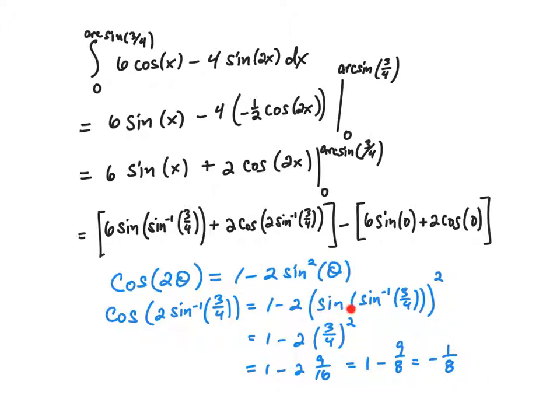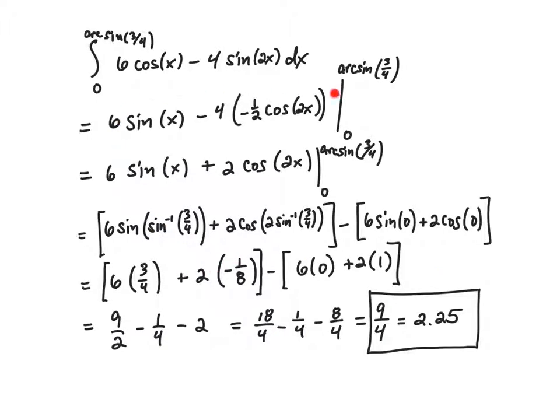It's because the sine of the inverse sine of 3/4 will just give me a 3/4. And then this sine is being squared. And so then 1 minus 2 times 3/4 squared, which is 9/16. So that's 1 minus 9/8. And then that's 8 over 8 minus 9 over 8, which is minus 1/8. So whenever I see this cosine of 2 arcsine, I'm just going to stick in a minus 1/8.